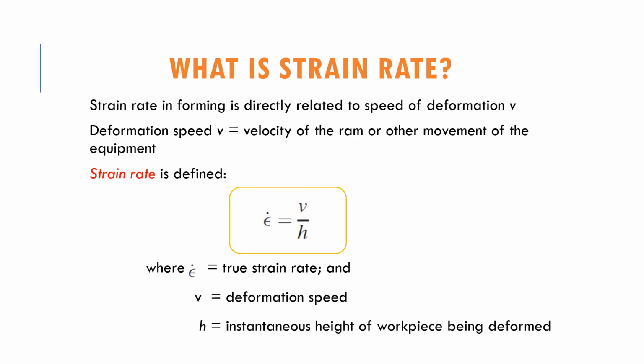So this strain rate is related to the force acting on the work material when it is being pushed. That's why it's very much related to the velocity and also the height of the work material.